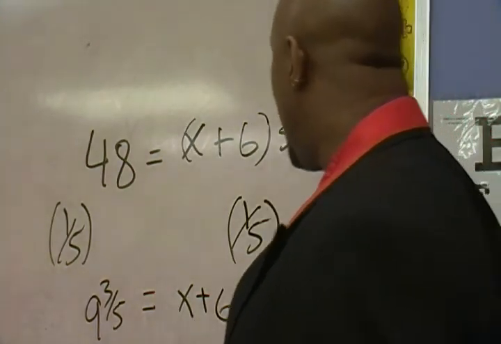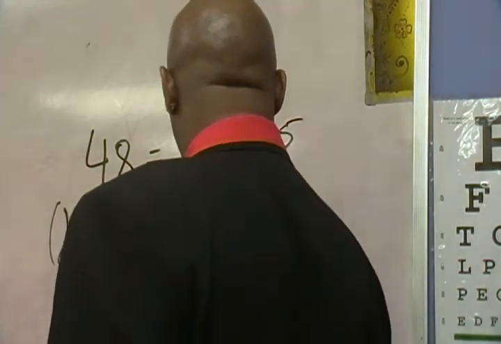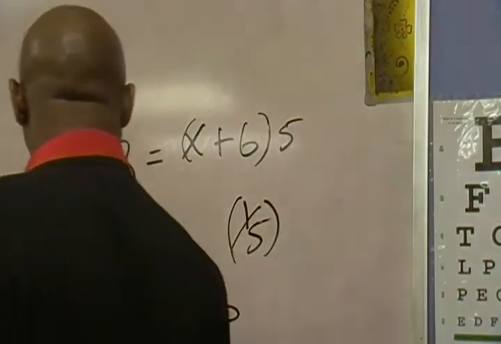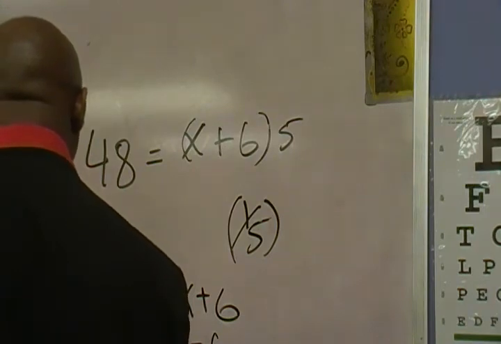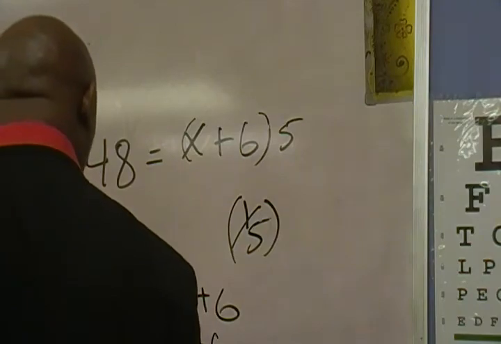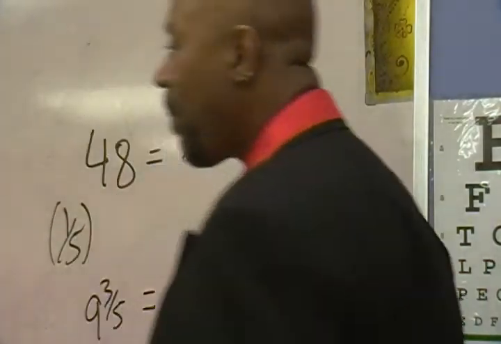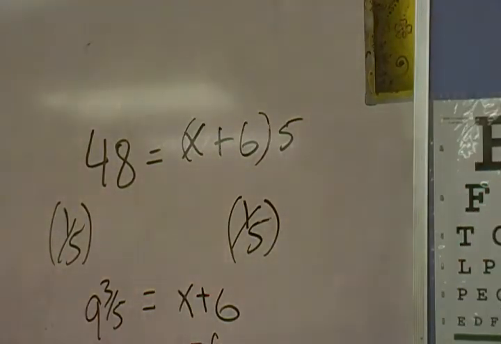So then now from here, I will get rid of the 6, minus 6, minus 6, so that'll be 3 3/5 equals x. See that? First of all, you cancel the 5, right?